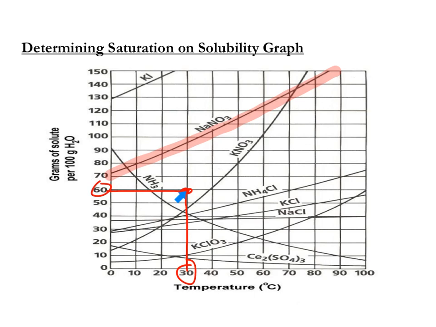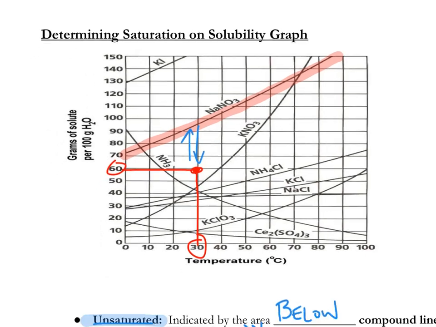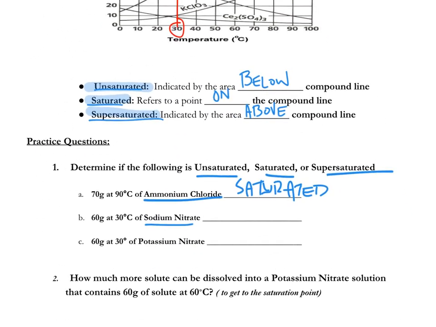This point is below the line, which means there's a lot more room for me to dissolve more solute into my solution. Therefore, this point is below the line. This is an unsaturated solution. So let me go and fill in the blank. This is unsaturated.